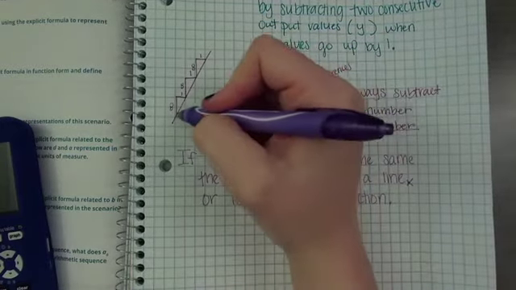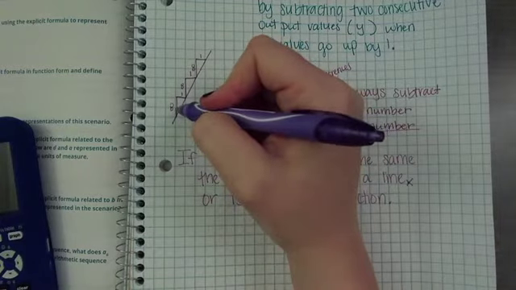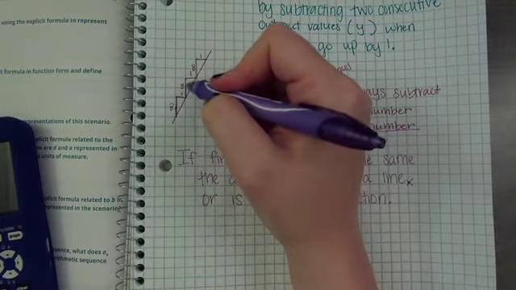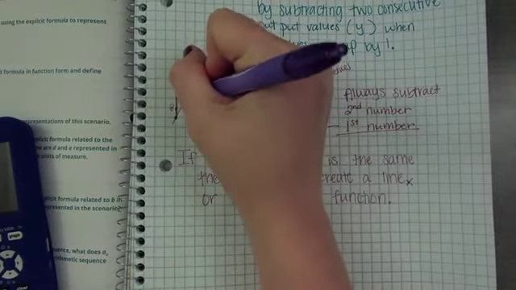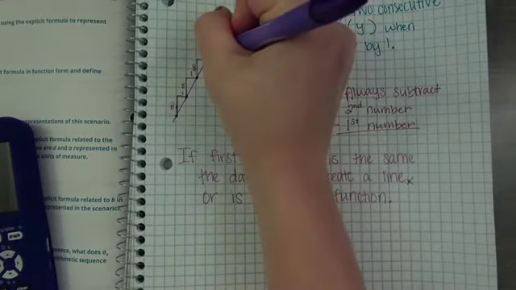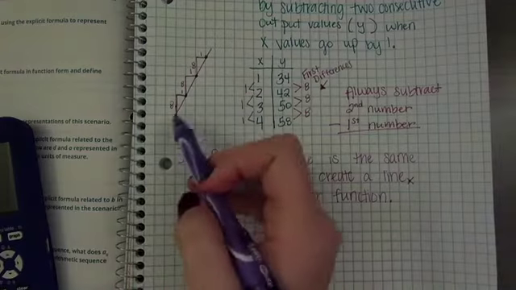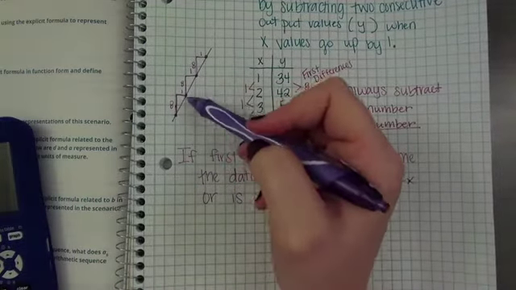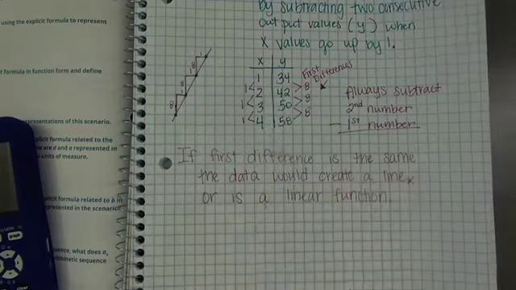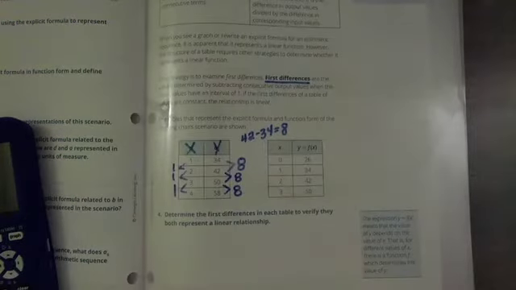I know I didn't go up 8, but just act like those are 4 each. So 4, 8, 4, 8, sorry. I just wanted to remind you of a linear or a line. So that is why first differences, if they're the same, that means it's going up and over the same amount each time. Okay, so let's look at another example.